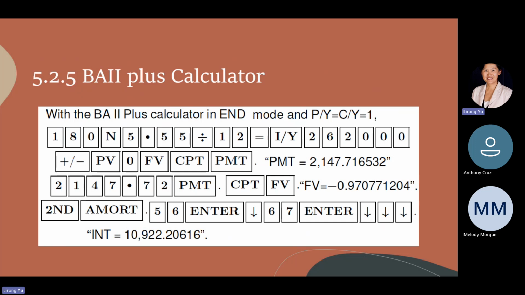The ending time is 67, then you enter the ending time, and then press the arrow. You will find out the total interest paid in all those payments, from payment 56 to payment 67. So it's really a lot faster than what we have to do now.